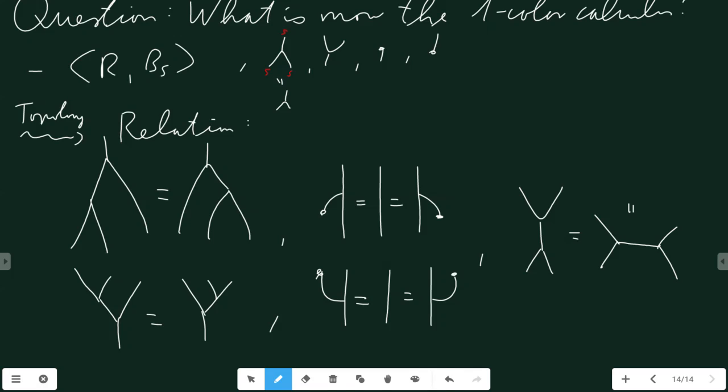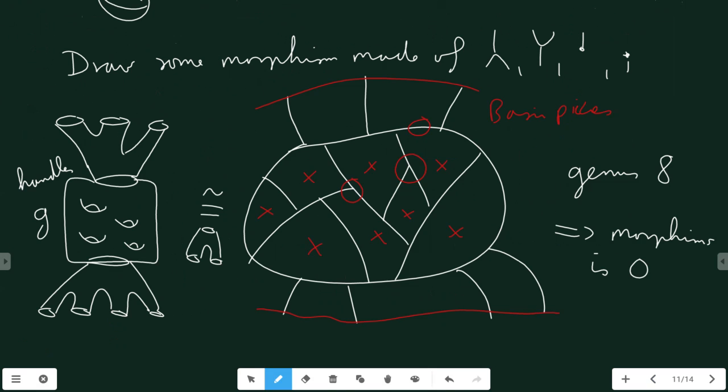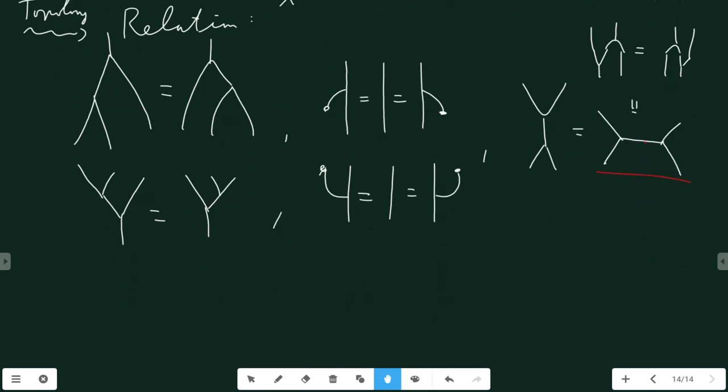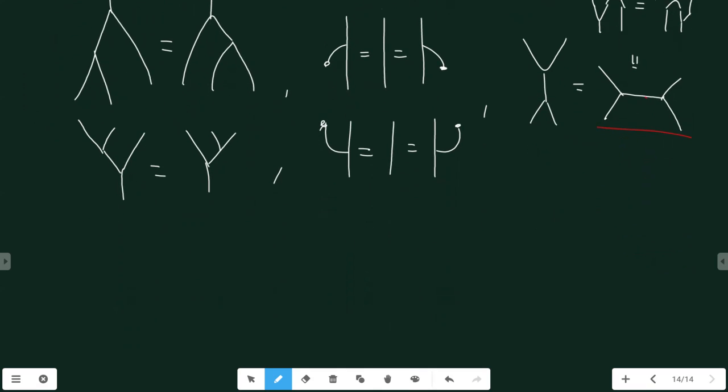Because this picture unambiguously means either this one, or the other way around. But the relations force them to be the same, so I can just define this diagram here by just being this guy tossed to the side. Okay, that's for sure. That's the kind of relation that we have. And you only need a little bit more. That's almost it. And 2 extra relations.